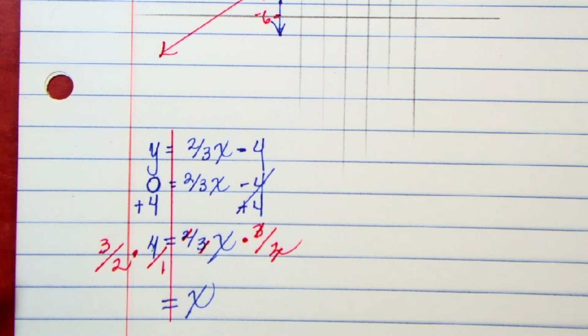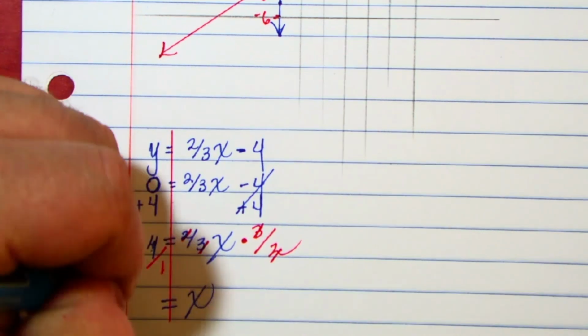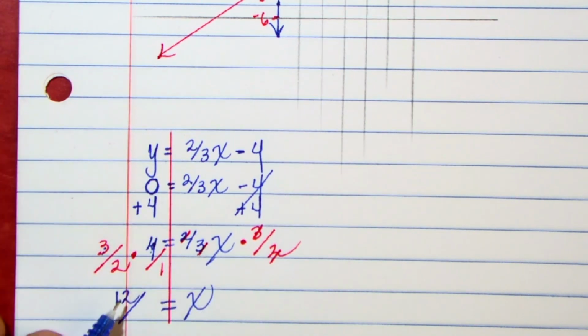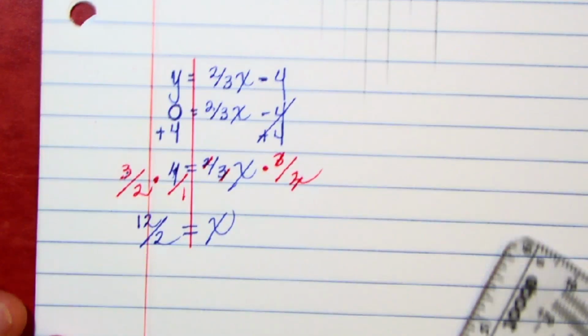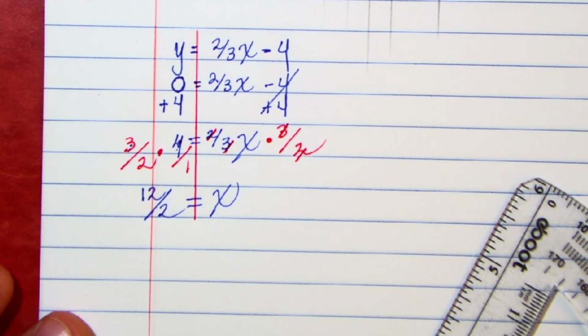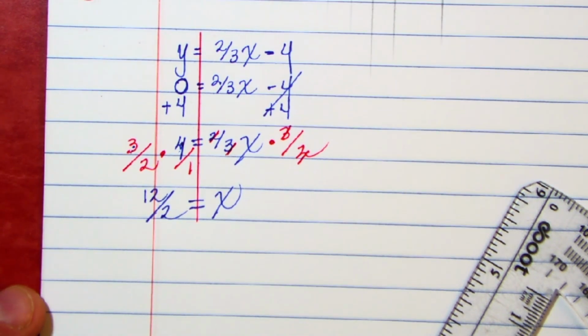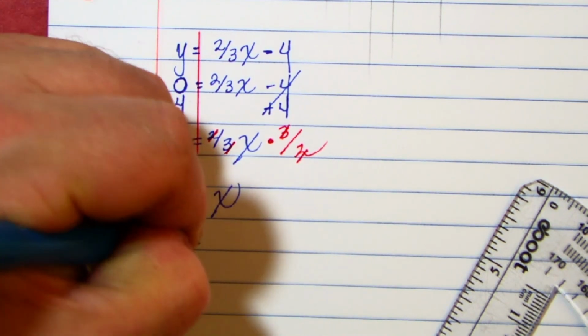Now reduce that fraction. 12 divided by 2 is 6, right? That's what I said, but people were looking at me like I was wrong. 12 divided by 2 is 6, yes? So we're just going to put 6 equals x.